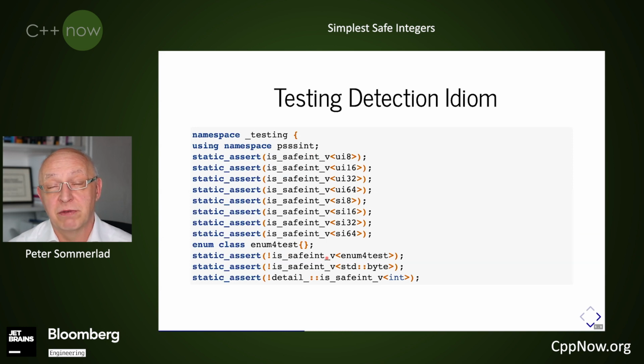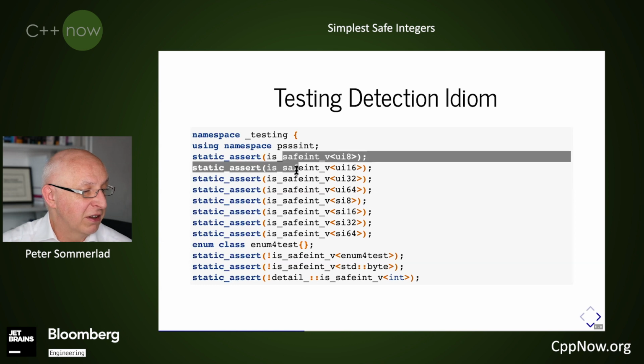Now, whenever we write code like that, we should actually check that, and checking is easy with static_assert. So I put those usually in a separate namespace, because I want to not have to write the namespace that I'm using everywhere in front of it, and those things are easily refactorable with my preferred IDE.